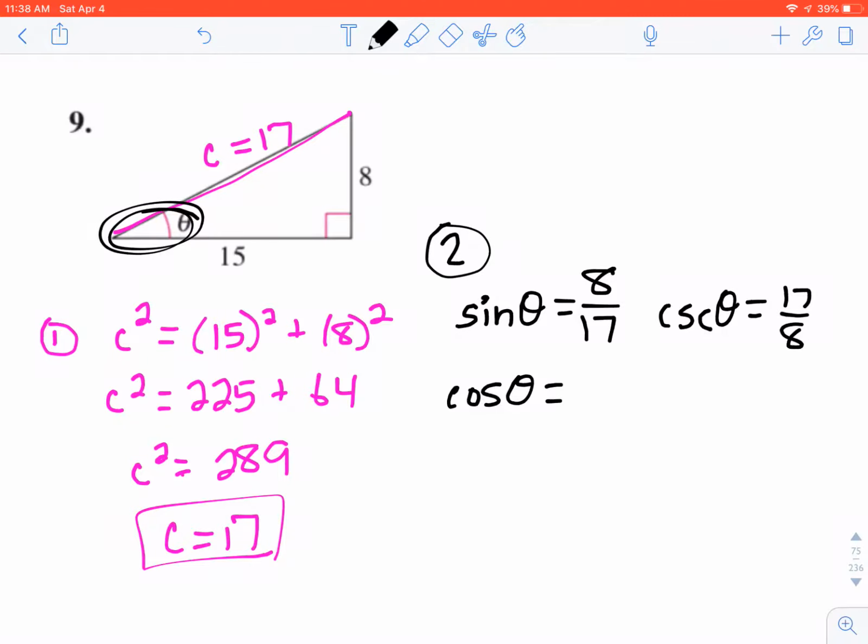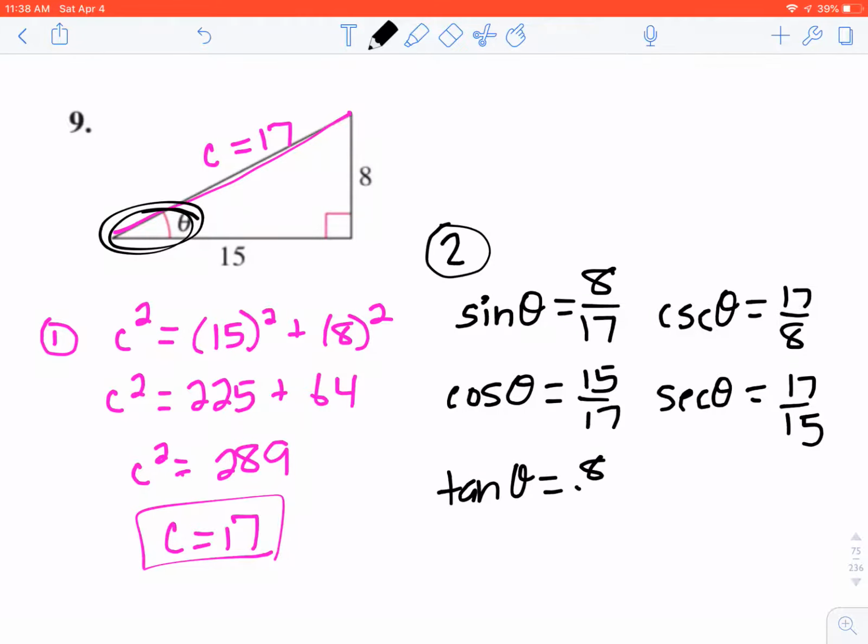Cosine theta is going to be adjacent, which is 15, over hypotenuse, which is 17. Secant theta is the reciprocal of cosine, so 17 over 15. Tangent theta is opposite over adjacent, so 8 over 15. Cotangent theta is just the reciprocal of that, so 15 over 8.